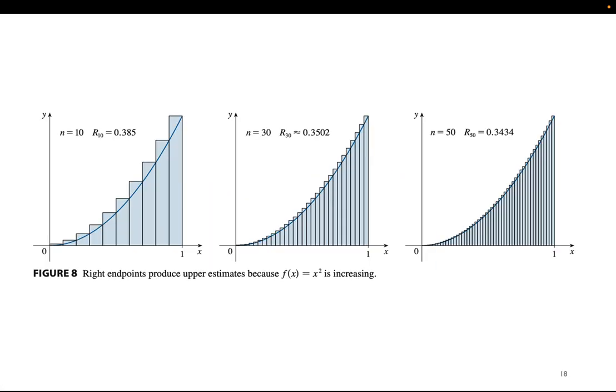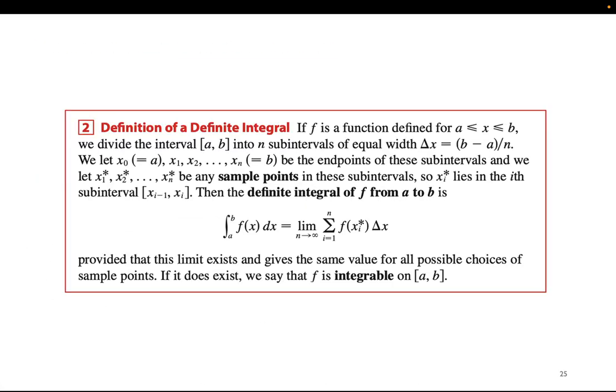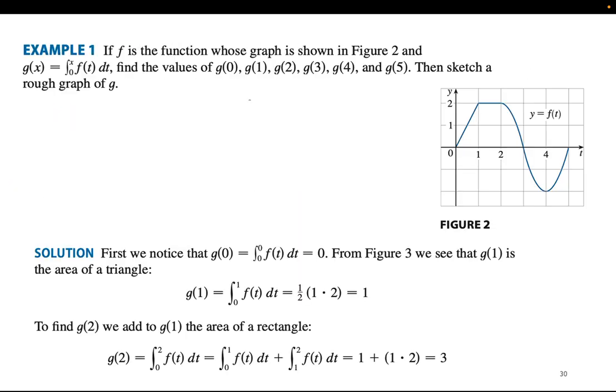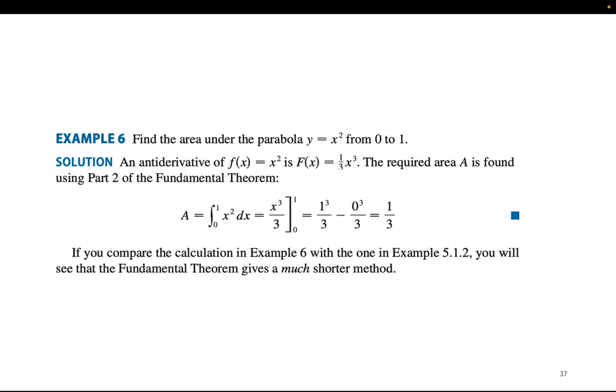Taking this limit process, we don't know how to do that, but we know how to do that using the theorem here, which says that to find the area under the curve from 0 to 1 of x squared, all I have to do is find one antiderivative. So notice one antiderivative of x squared, using the reverse power rule, add 1, divide, is x cubed over 3. So take that antiderivative, plug in the endpoints. Plug in 1, subtract, plug in 0, and you get 1/3.